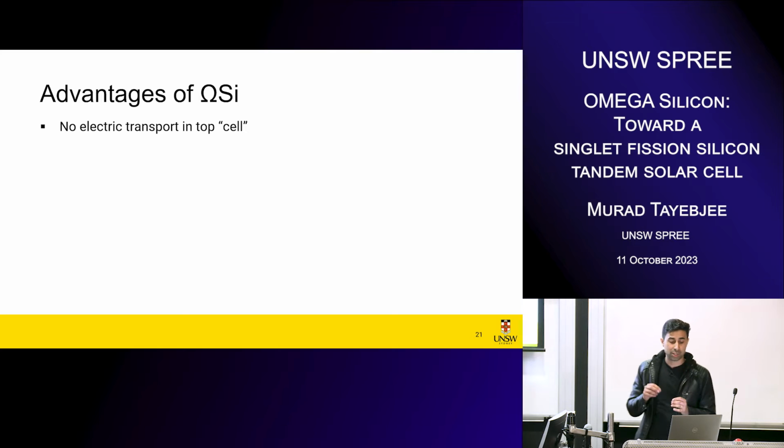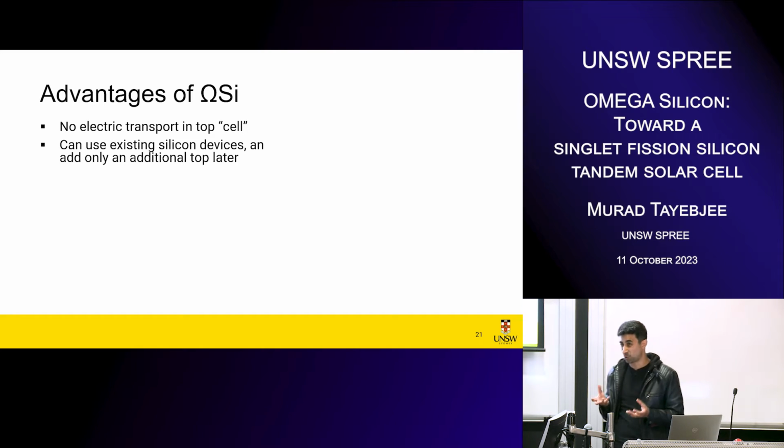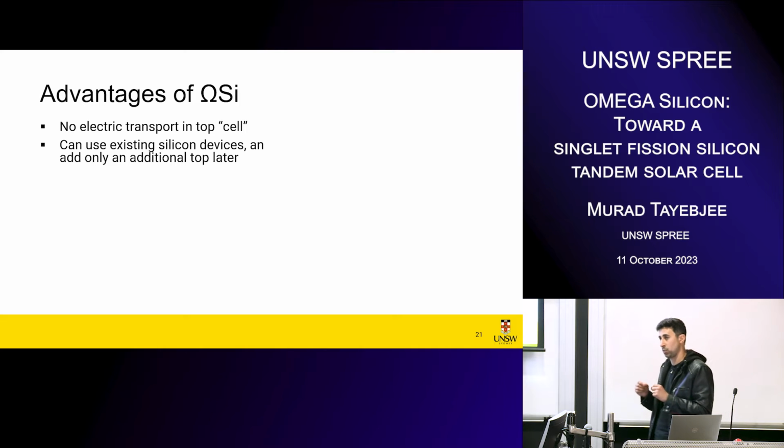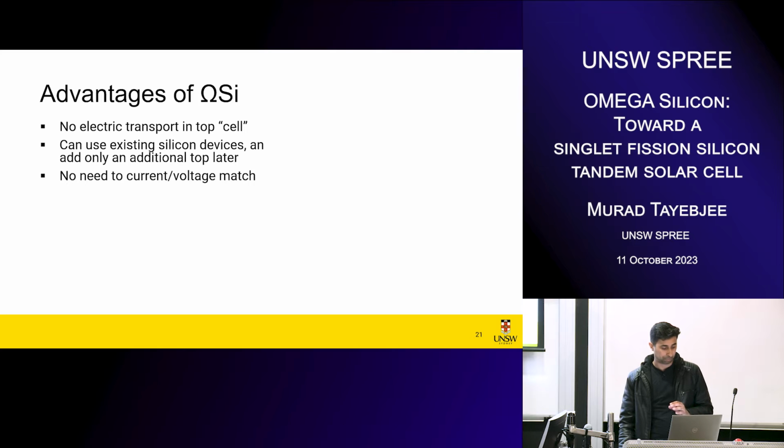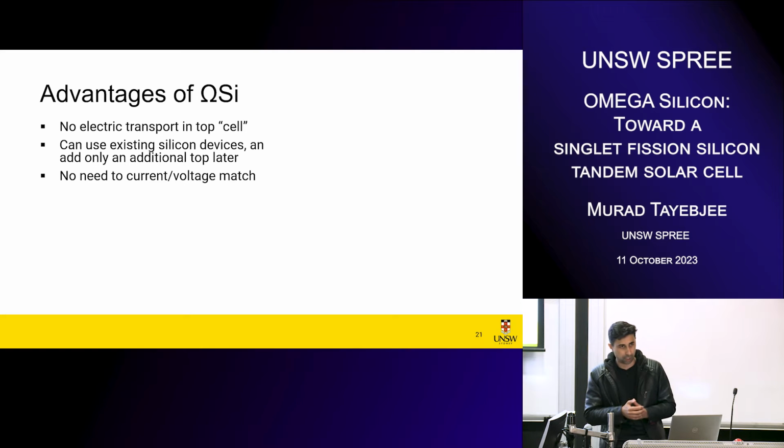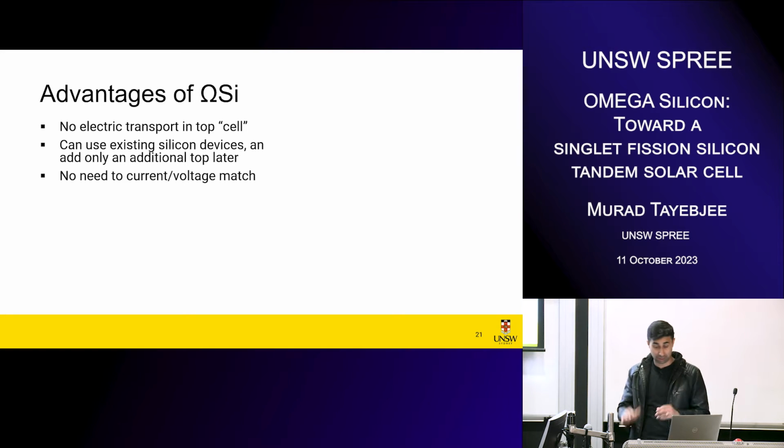And what that means is that we can just use an existing silicon device, or most of it, and add a top layer, right? So that's a little bit different to how tandem cells work, where you'd have to contact that second absorbing material, and that would have to be separately contacted electrically. We don't have to do that. And that means that there's no need to current match. I mean, of course, there are ways around that with a tandem cell if you have a 4-terminal tandem, but we don't even have to think about that.